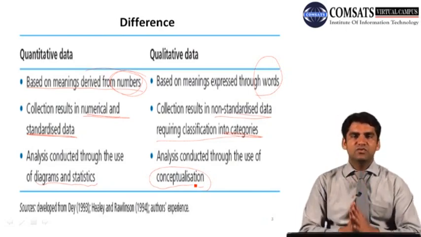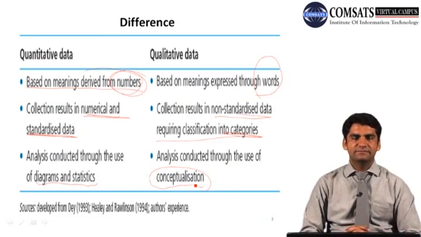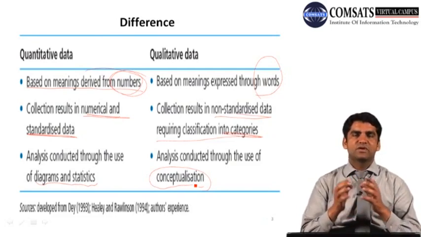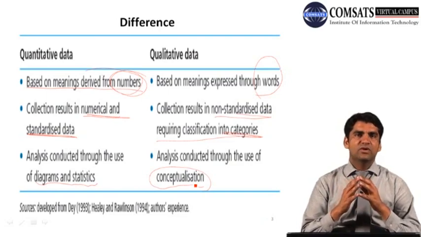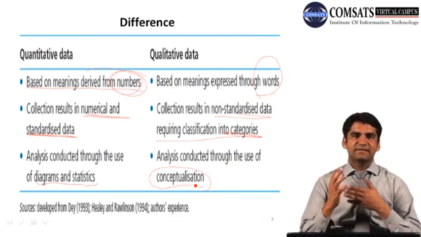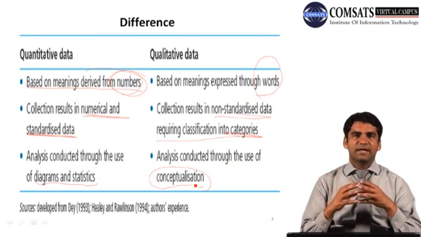When you do quantitative research, what you basically do as a researcher is come up with a research question and objectives to which you want to get answers. Then you collect data using secondary or primary sources, and then you analyze the data.